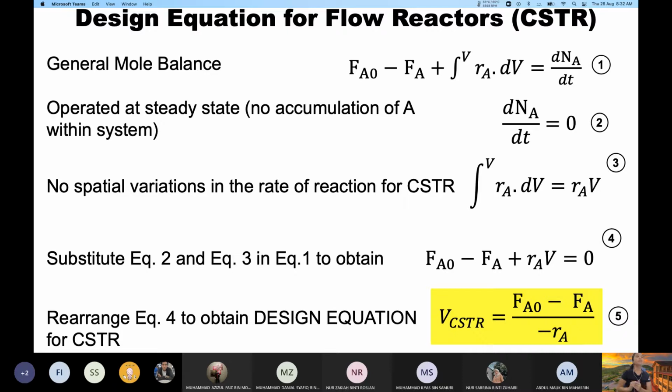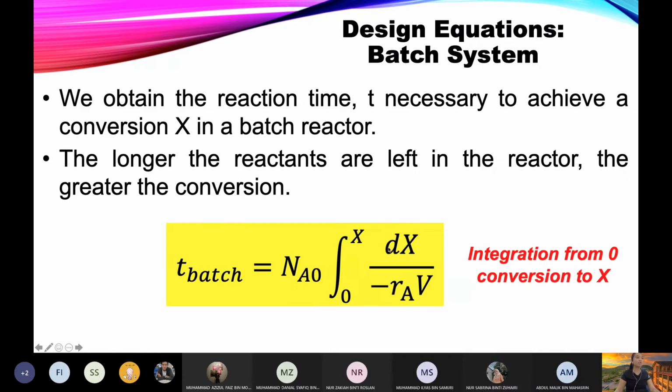In this slide, it's shown how we derive the equation for CSTR. If you remember last Monday when we derived the batch reactor, the equation is a little bit complicated because it's an integral equation, where for batch reactor we always talk about finding the reaction time.